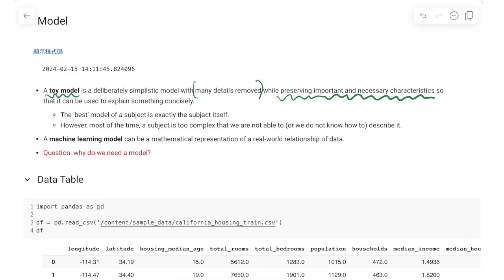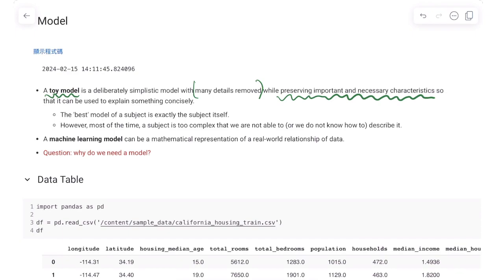You can describe anything you like as the subject you would like to model, but it depends on how detailed you can describe this model. If you describe something in detail, that would be a better model, right? If you describe a model with very limited characteristics, or you model something with some unnecessary characteristics, then that model will not be that accurate, right?